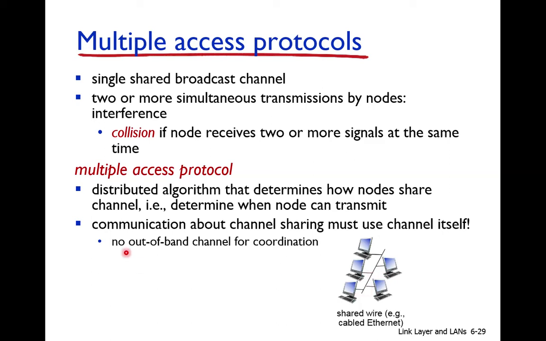So we don't use an out-of-band channel. We use this link both for data transmission and for the multiple access protocol. The multiple access protocol messages and the data messages both use the same link. This is called an in-band channel.